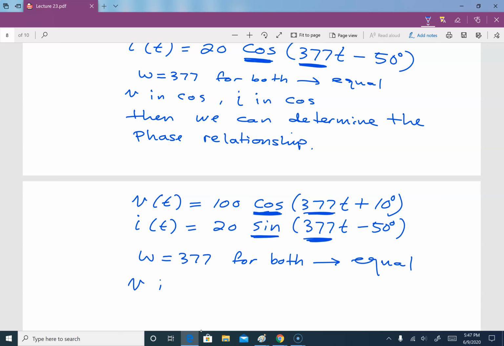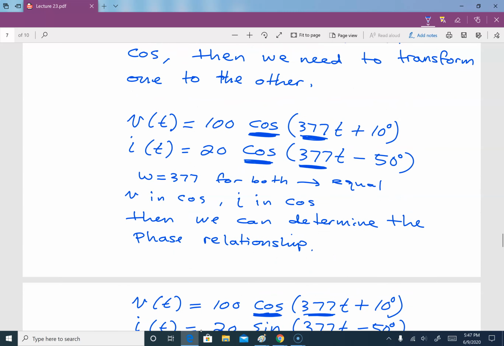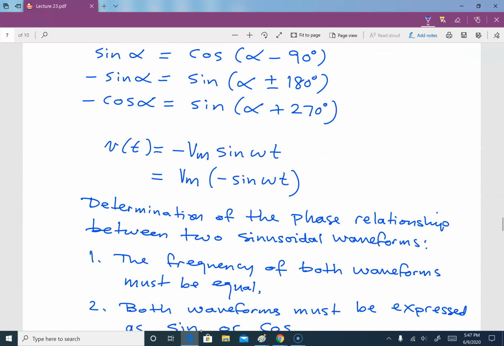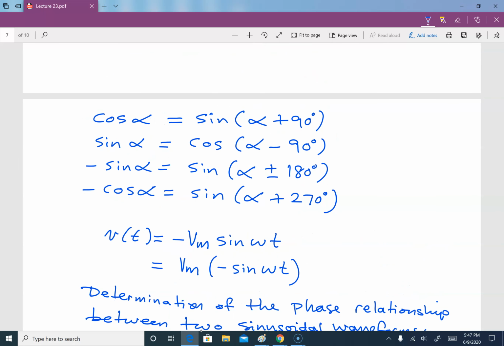Now voltage is in cosine and current is in sine. Then we have to go back to this relationship here, whether you change the sine to cosine or the cosine to sine.